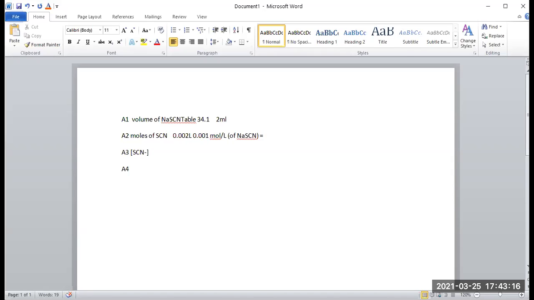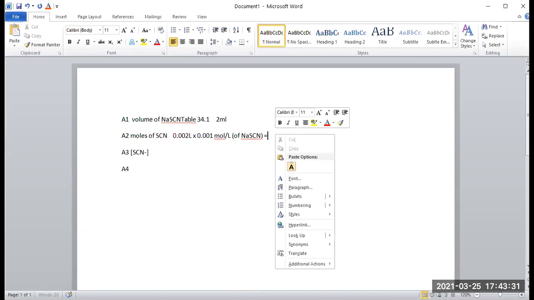Okay, so think about what that does for you. You do liters times molarity. That way my liters will cancel out, and I will end up with a number of moles.